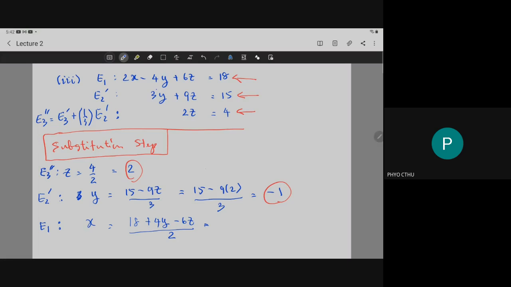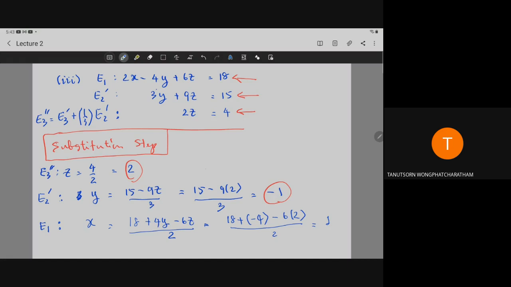Oh, he's not here. It's okay. 1. Yes. Again. What do you get? 1. 1. Okay. So basically it's 18 plus the 4, which is -4, right? And then -6 times 2 and divided by 2, okay? Which is 18 minus 16 divided by 2, which is 1.